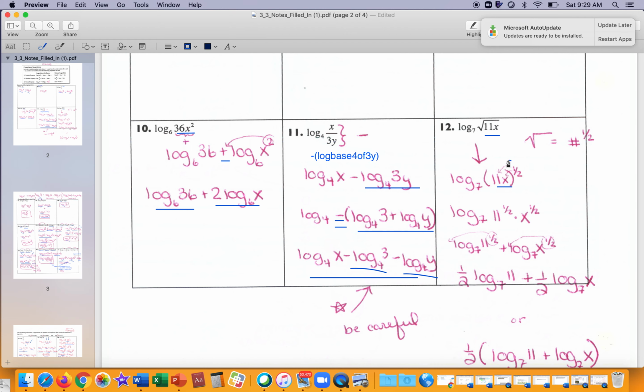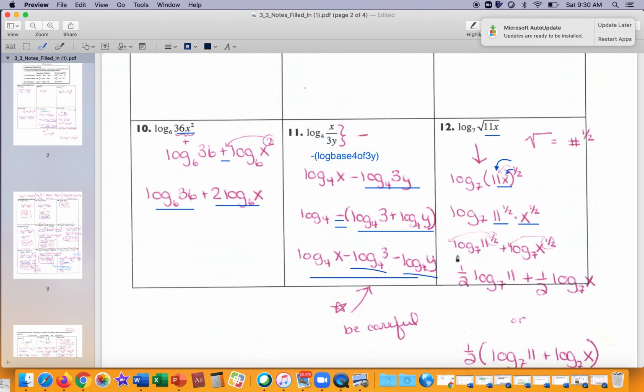Now we want to drop that 1/2 on top of the 11 and the x, because it's an expression raised to the 1/2. So both of them: 11 to the 1/2, x to the 1/2. Now we have a product, so we break apart the product with addition.